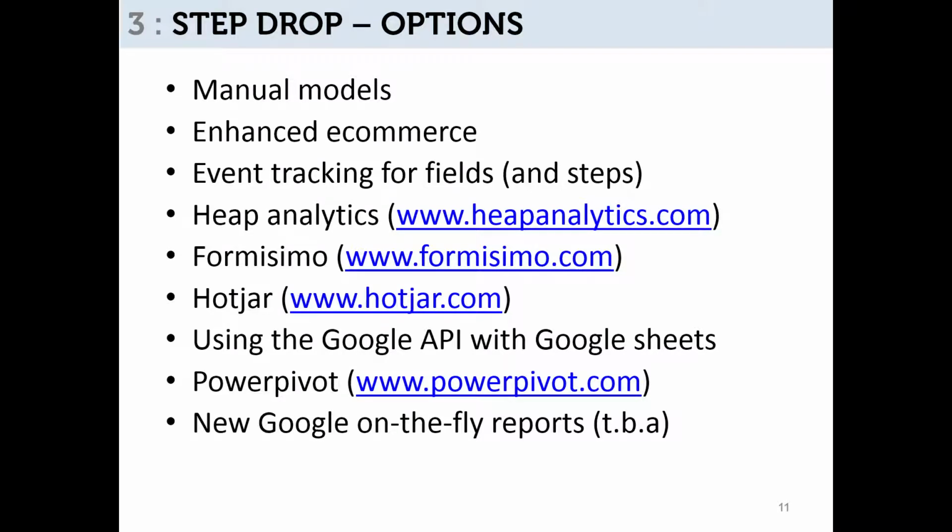You can also use the Google API with Google Sheets. So you can create a simple spreadsheet or a set of values that queries your Google Analytics setup and then puts that data into a nice Excel sheet for you. So rather than having somebody download GA data and then take it and put it into Excel, you can get a Google Sheets report to pull data from the API and then save it to a file.